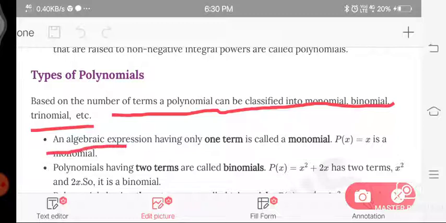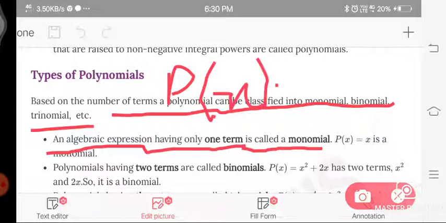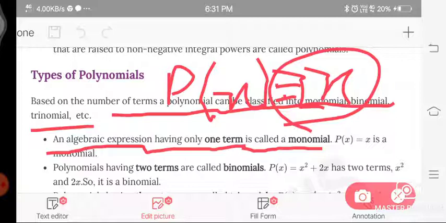An algebraic expression having one term is called a monomial, like p(x) = 2x. When there is a single algebraic term, it is a monomial.